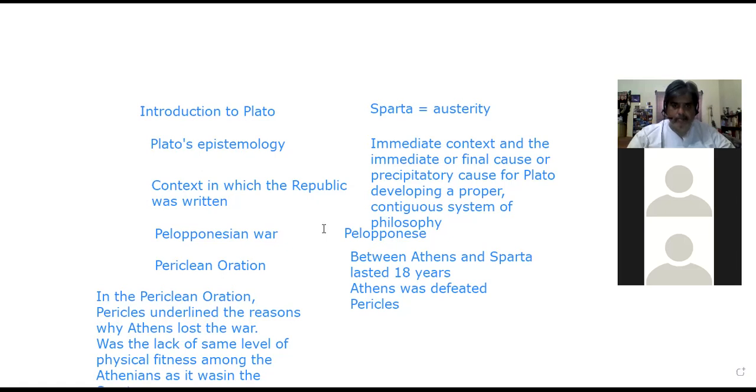Okay, now having established that there are all these different influences on Plato, let us also try to understand yet another thing about Plato.